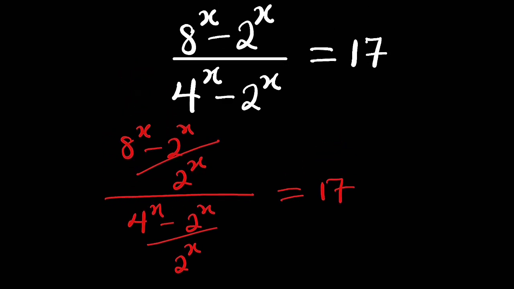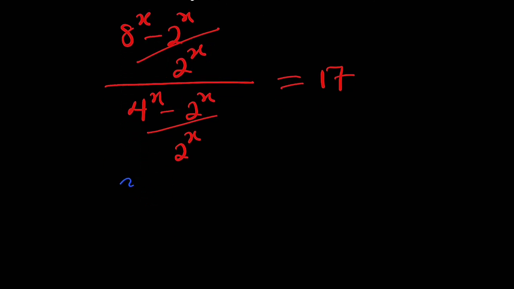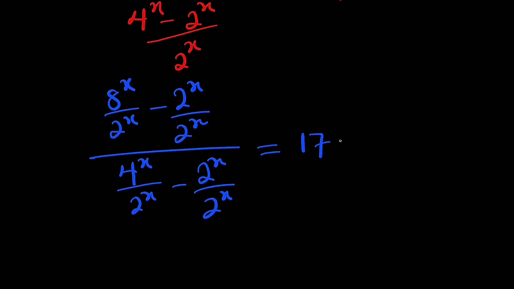Now we are going to split the fractions because we have 2 terms divided by a single term, so you can write it as 8^x divided by 2^x, minus 2^x divided by 2^x. That is the top. The bottom, you do the same thing: 4^x divided by 2^x minus 2^x divided by 2^x, and this remains equal to 17.